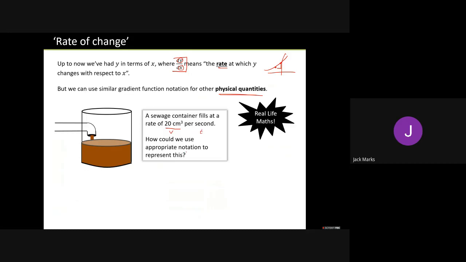Well, with respect to time, for example. So for a real-life idea like this, you might use dV/dt. This means, how is the volume changing as time goes on? Well, as time goes on by 1 second, the volume is changing by positive 20. In other words, there's 20 more each second.